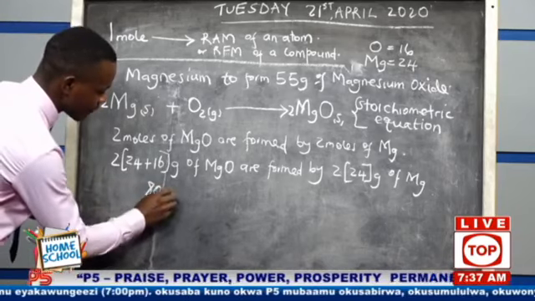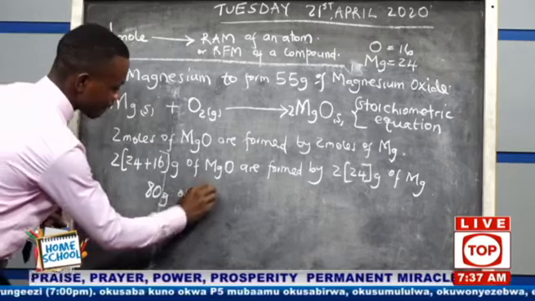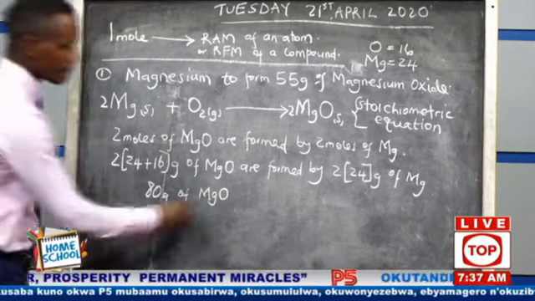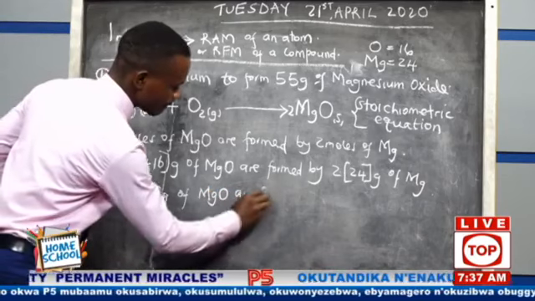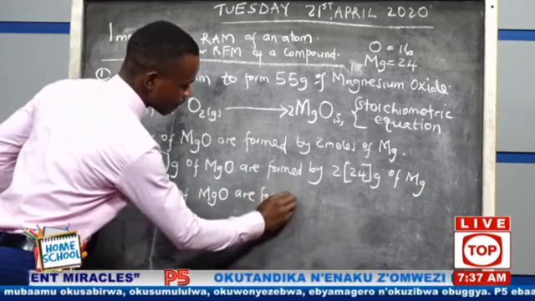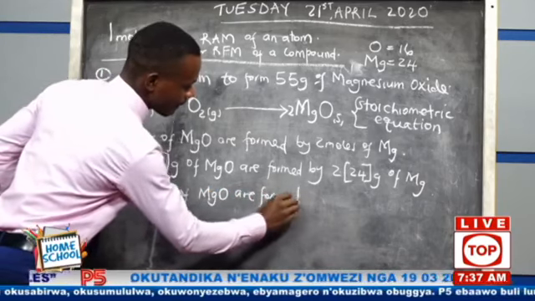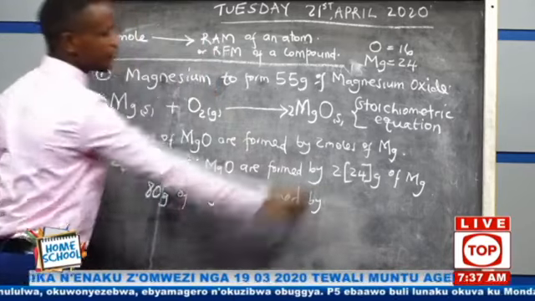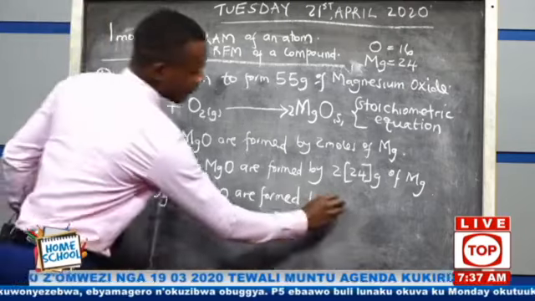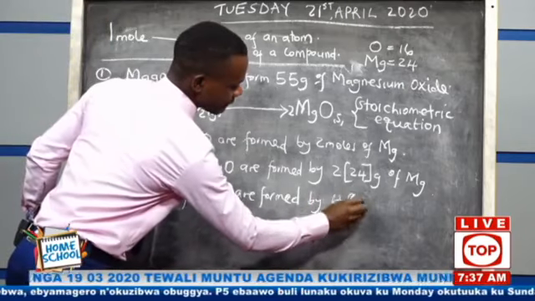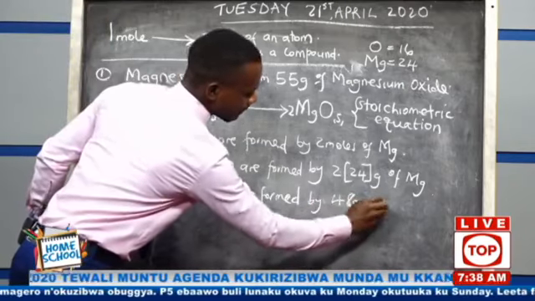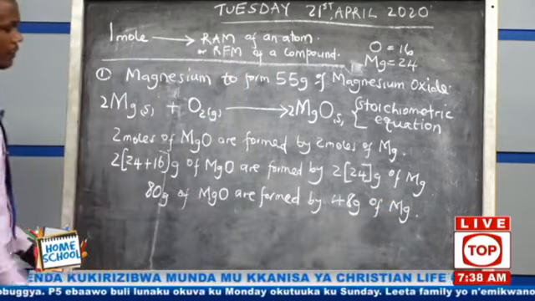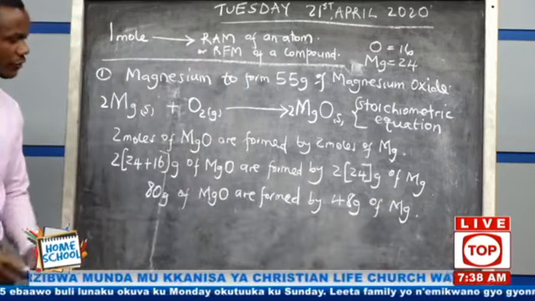That means there are 80 grams of magnesium oxide. They are formed by 24 times 2, that is 48 grams of magnesium.